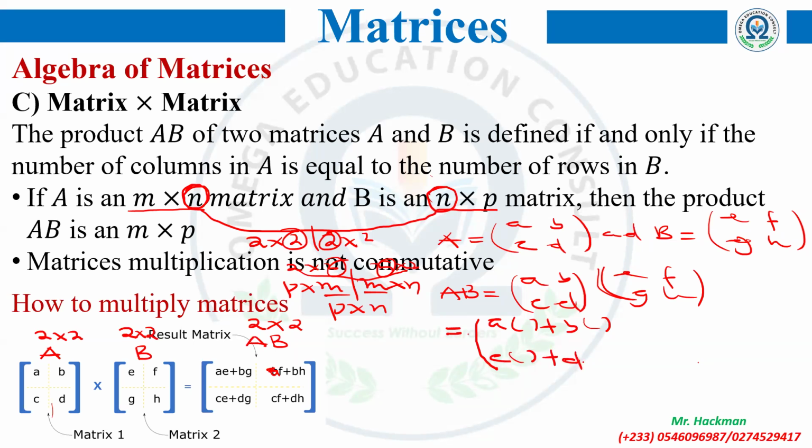So you are repeating just your matrix. Then you come and repeat the same thing. Whatever you have here is whatever you are going to repeat here. So it will be A into something plus B into something, then C into something plus D into something. Is it clear now?